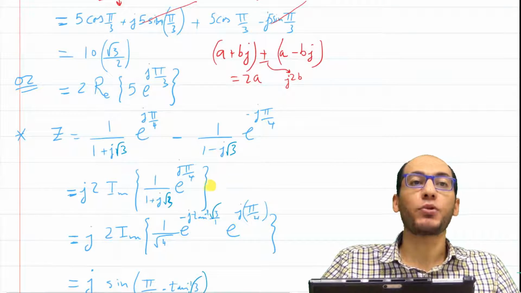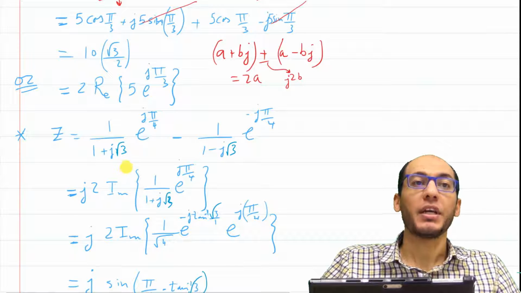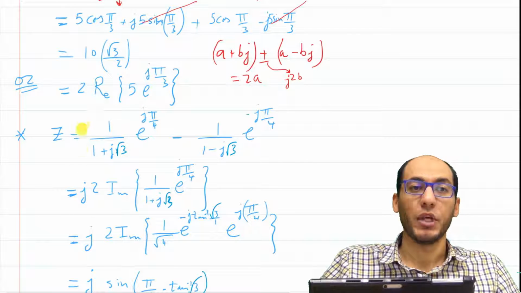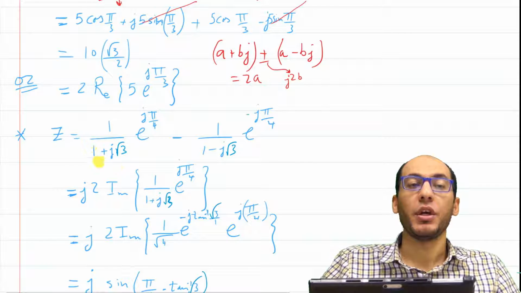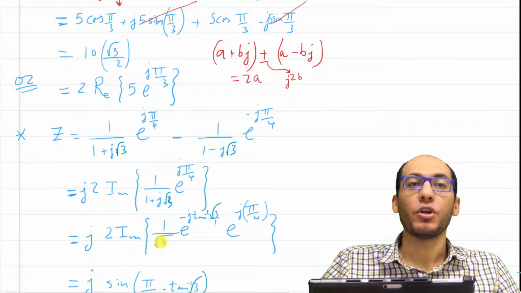Okay, here I have two numbers, right? Let's first calculate the amplitude of the first one. How do I calculate this amplitude? The amplitude is equal to 1 over the square root of 4. How did I know this?